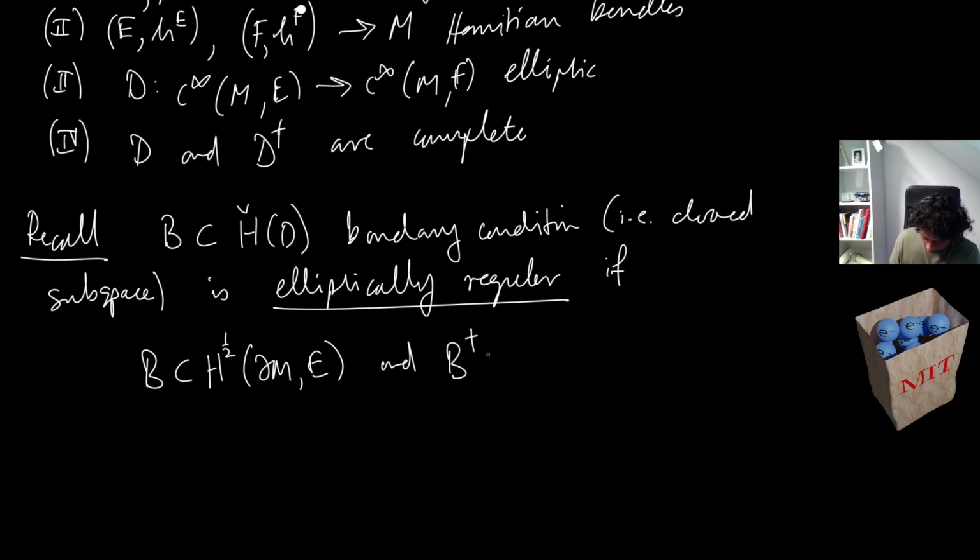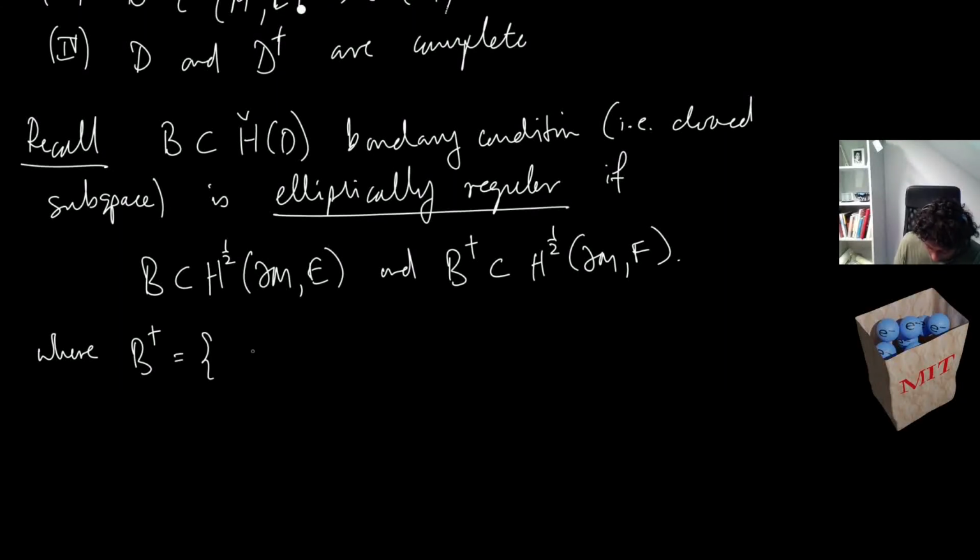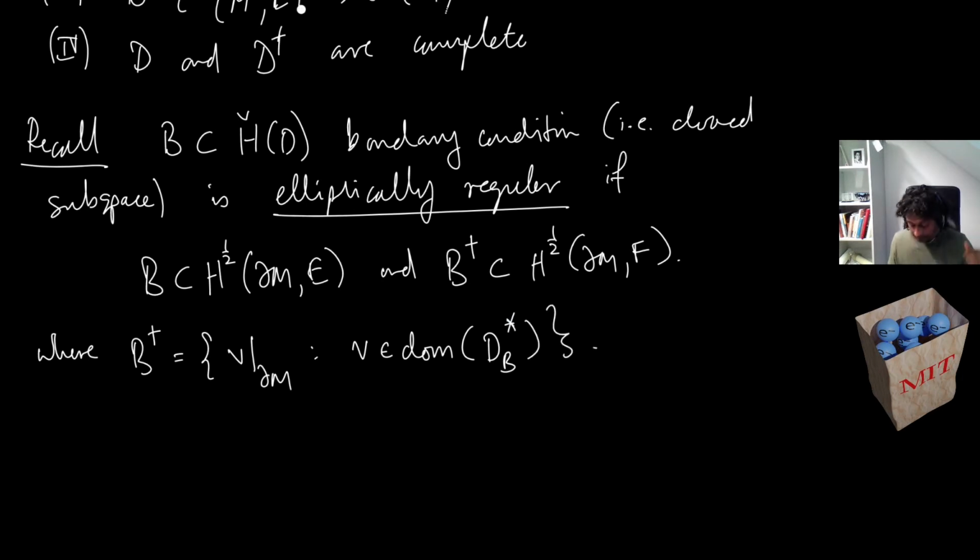So I'll write that. So this is H half contained in M F, where B perp or B dagger, sorry, is equal to the restriction of V to the boundary such that V is in the domain of D_B adjoint, right? So this is what we defined as this boundary condition.